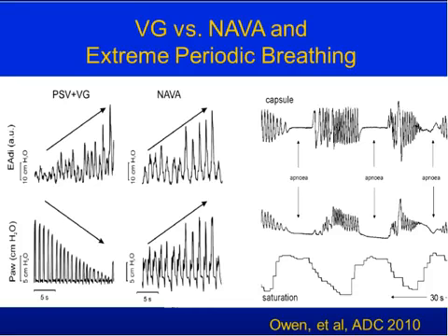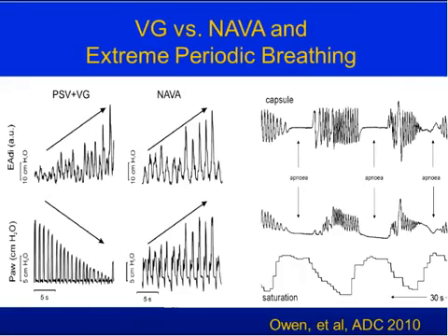In the right half of the slide, you can see the erratic breathing pattern of a very premature baby. The top panel is indicated by this pneumatic surface capsule and rib bands and oxygen saturation. This is an example of extreme periodic breathing with short respiratory pauses.